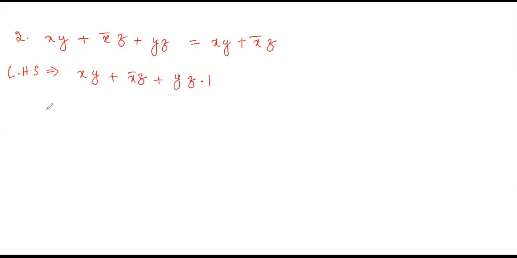Now, yz is there. You can write 1, nothing will happen. So xy plus x bar z plus yz. 1 I can write as x plus x bar, since x plus x bar is equal to 1.